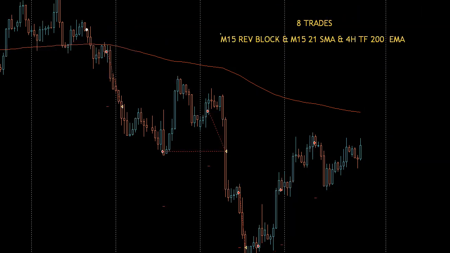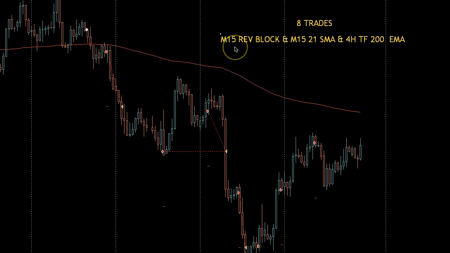Right over here, I again used the reversal block. The only thing that I added was the 21 simple moving average on M15. Okay, so in here I still got this bad entry, which was unavoidable, and now the only thing that I was able to manage that was really bad was in here.